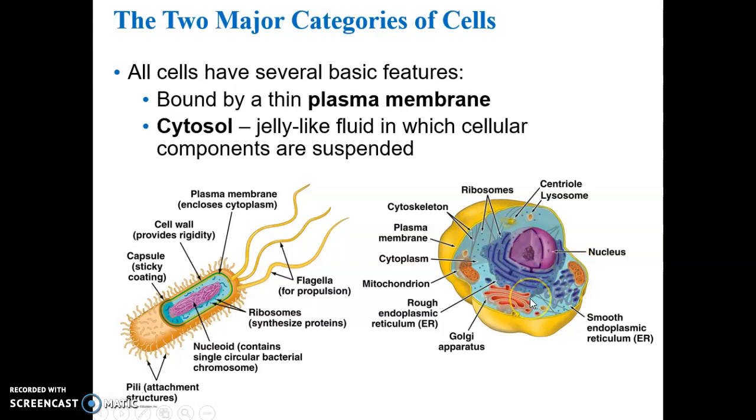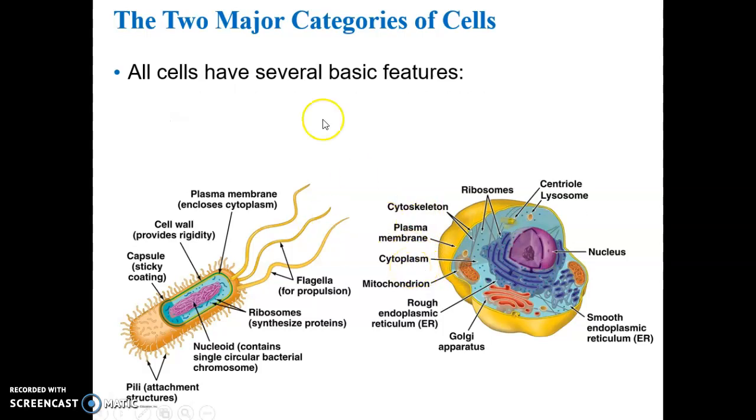You may hear the term cytoplasm as well, and cytoplasm is this location, this area. Cytosol is actually the fluid environment, the liquid that's here. So for us, we can use the terms interchangeably. Cytoplasm is the location, cytosol is the material. If you use those terms interchangeably, that's okay.